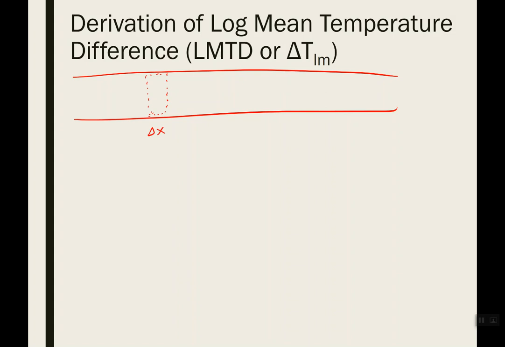Some of our assumptions are that this is at steady state, and also we're going to use a constant h, or we could use an average. So we're assuming that the flow would be fully developed, or that we're using an average of some sort, and that our heat transfer coefficient doesn't change as a function of x down the pipe.